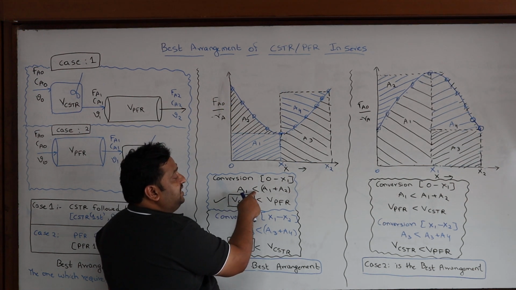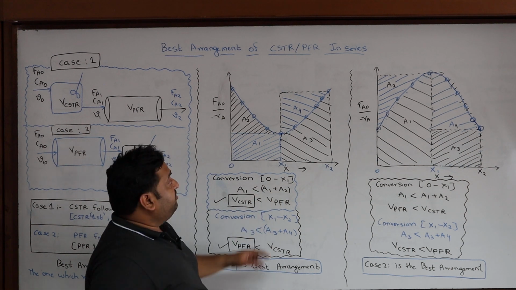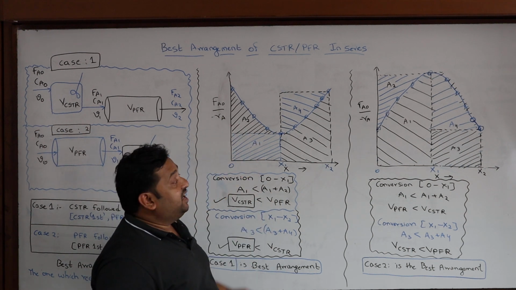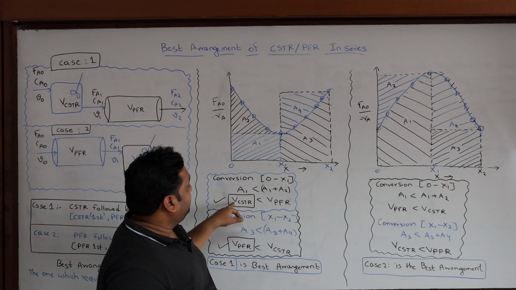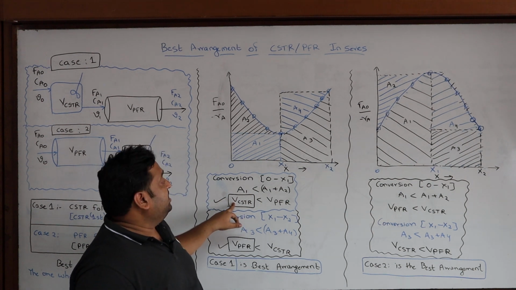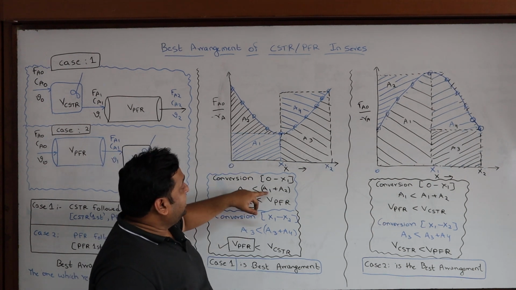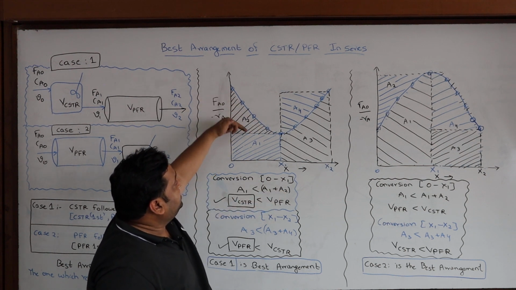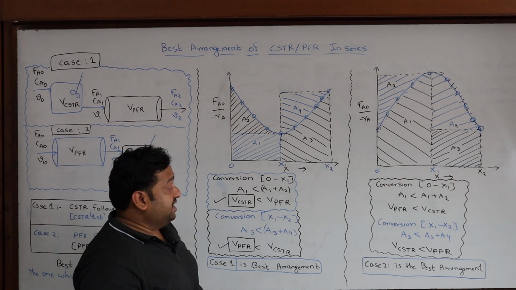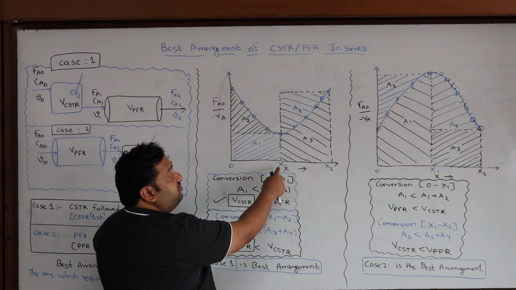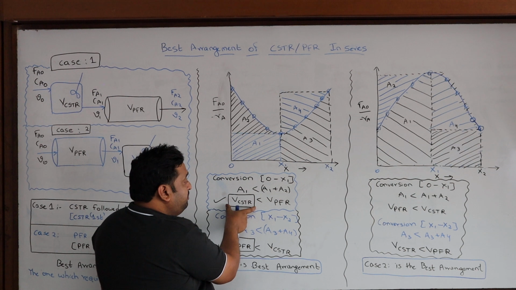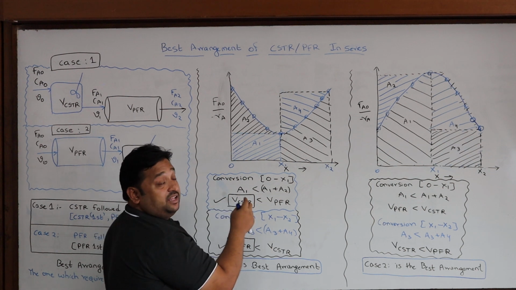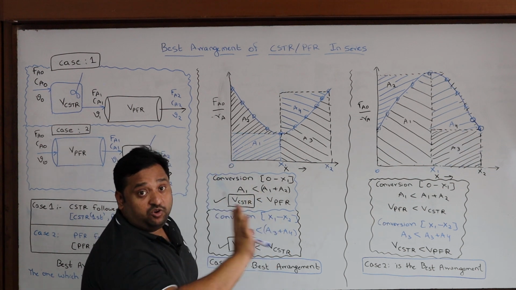You know A1 is less than A1 plus A2. The area of this rectangle is nothing but the CSTR volume, which is less than A1 plus A2, the area under the curve, which is the PFR volume. That means till conversion x1, if I keep the CSTR, it gives me the lower volume.